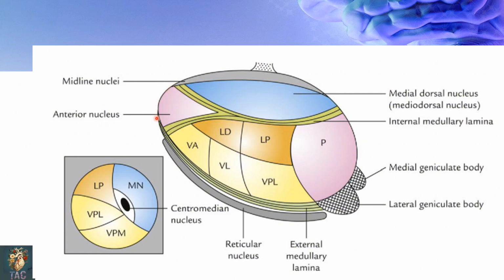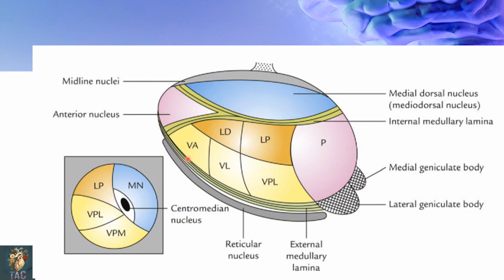So in this area you can see the anterior nuclear group which is present. Over here you can see the medial dorsal or dorsomedial nuclear group, because this is the dorsal medial aspect. So this one is the dorsomedial or mediodorsal nuclear group. This one is the anterior aspect, this is the posterior aspect, and this side is the lateral. So then the dorsomedial or mediodorsal and anterior.